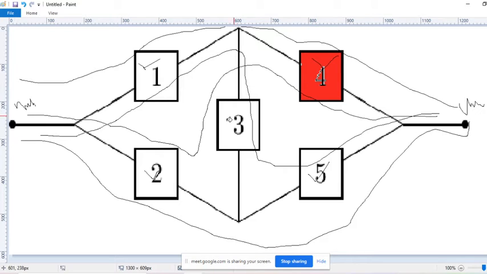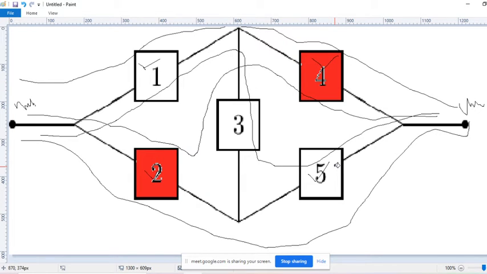Again, these 4 components consist of paths, because using these 4 components the signal can reach here. And suppose this is not active, then what happens? The signal can go only through 1, 3 and 5.